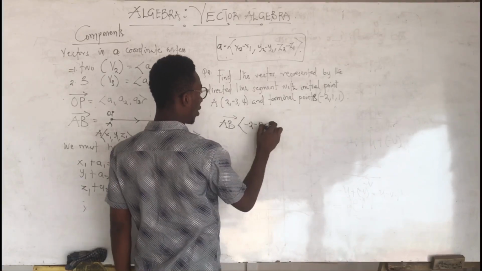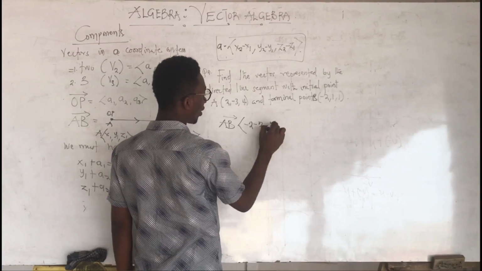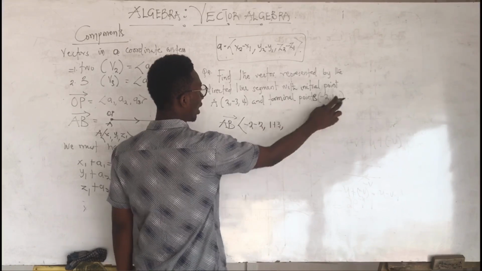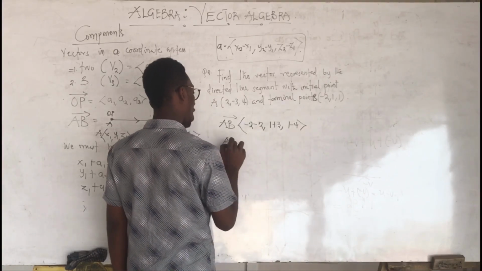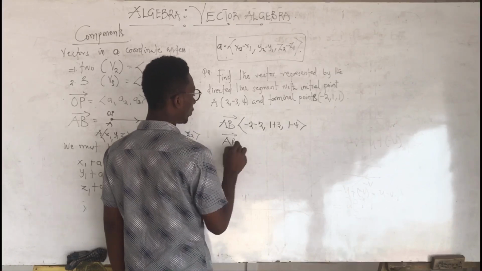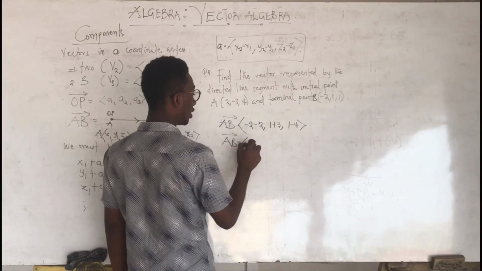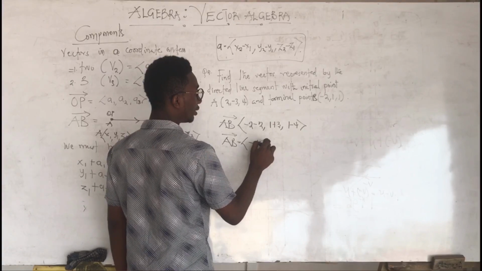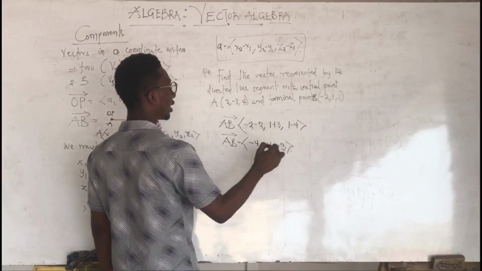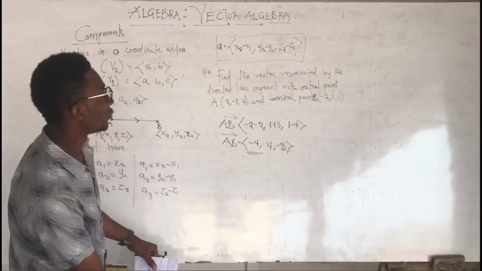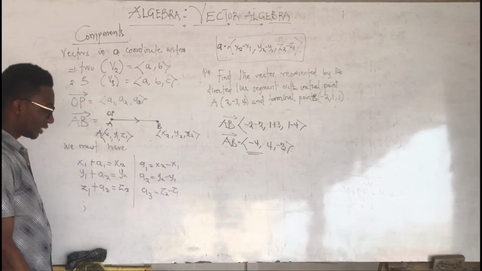We come to the second one, we have 1 minus minus 3, which is 1 plus 3. And the last one, 1 minus 4. So your final vector AB will be represented as negative 4, 4, and negative 3. And this will be your vector represented by the directed line segment.